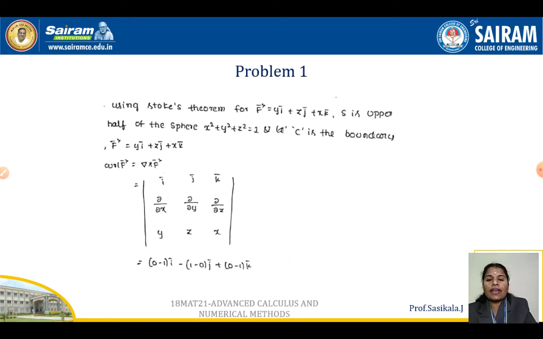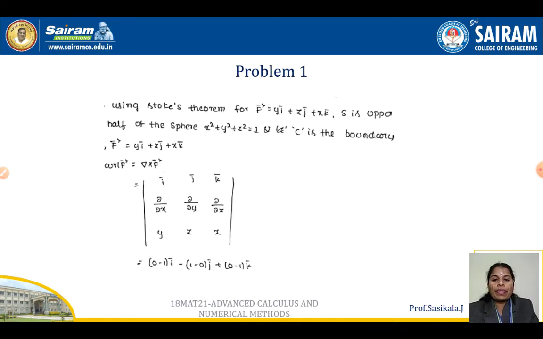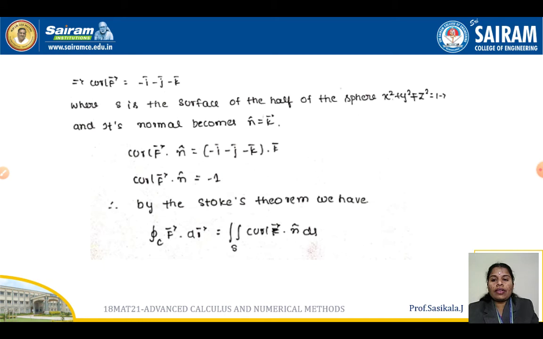Why? Because n cap dS is nothing but dy dz i vector, dz dx j vector and dx dy k vector. Using that you can get n cap, from there we need to go with n cap dS.